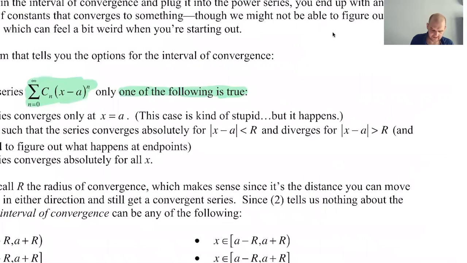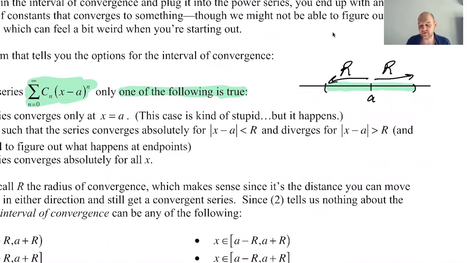So what does that mean? That means that you have kind of a line here. You have a, you can go r in this direction, you can go r in this direction, and anything in between those, you'll get a series that converges absolutely when you plug in the values.